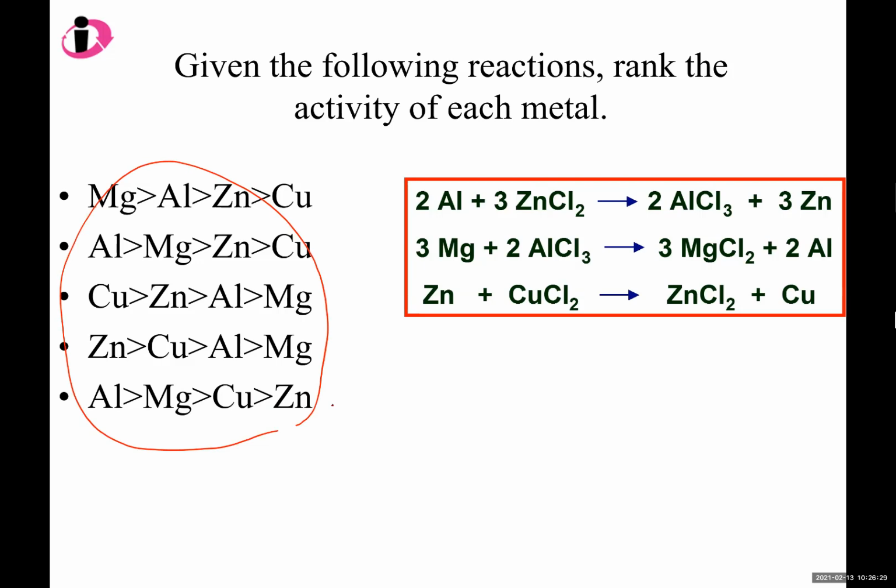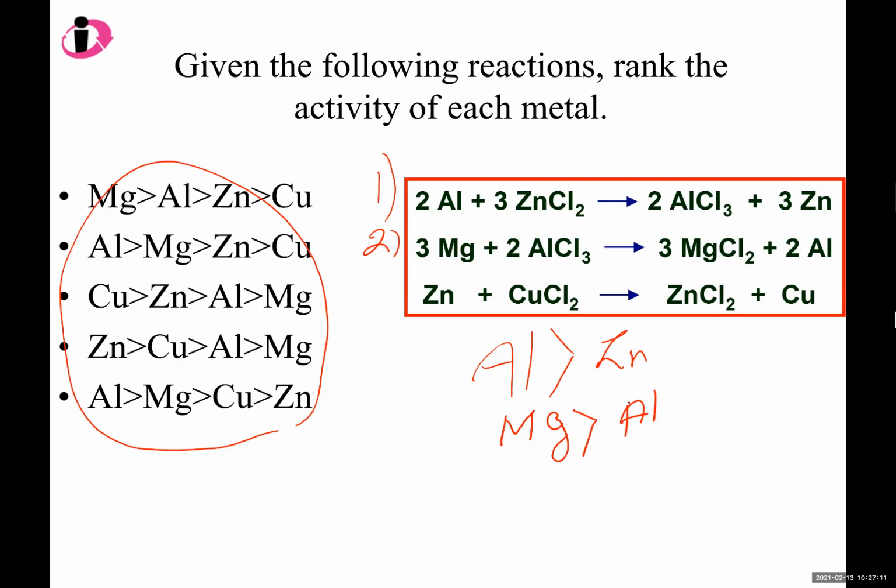If I look at aluminum relative to zinc, if the reaction is happening spontaneously, is it saying that Al has higher activity than zinc, right? Is this the conclusion from reaction number 1? Look at reaction number 2. Is it suggesting that magnesium has higher activity than Al? So can I write here, magnesium is at higher activity than Al, right?